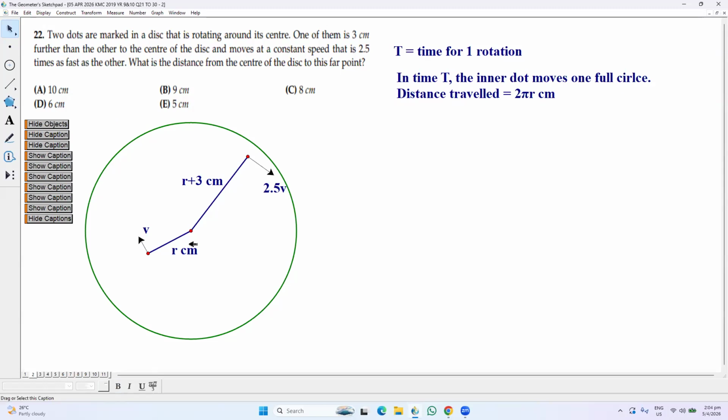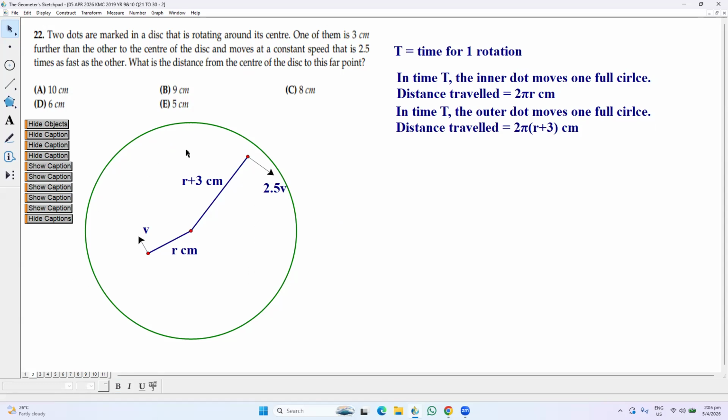Since the distance from the center is R, the circumference will be 2 pi R. So the distance traveled by the inner dot is 2 pi R. In the time T, the outer dot moves one full circle, because it's the disc rotating. So the point marked on the disc.